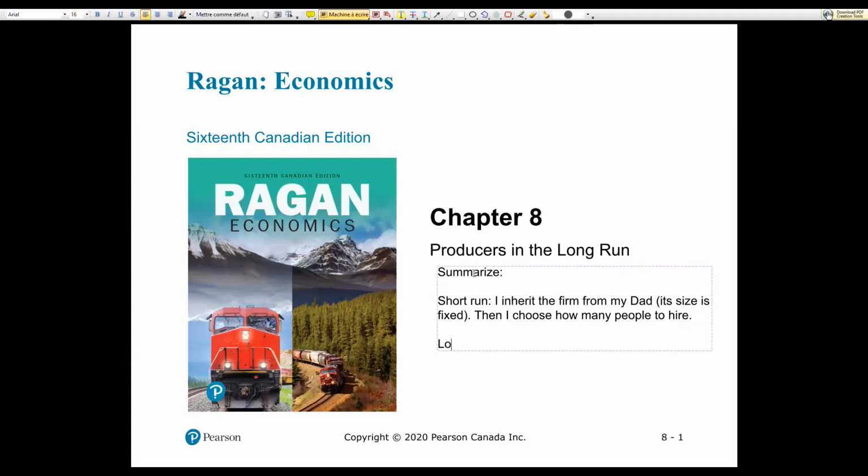And then the long run, what's going on? I design everything. So it's planning for the next maybe... of course, it's long run compared to the shorter run.